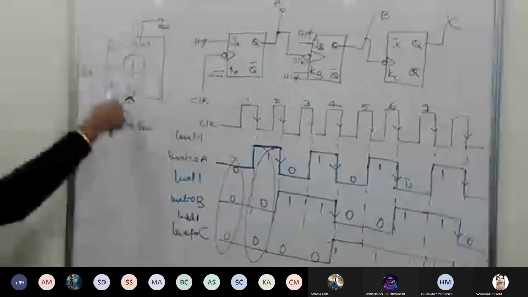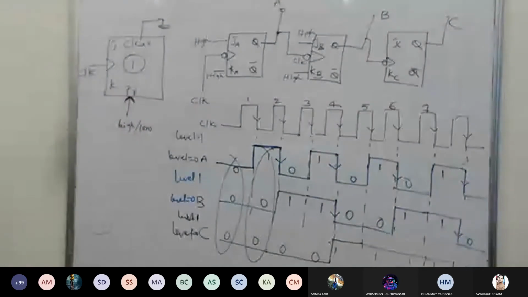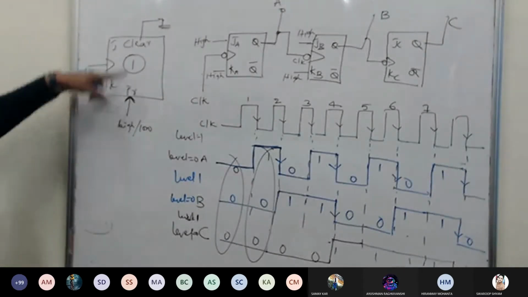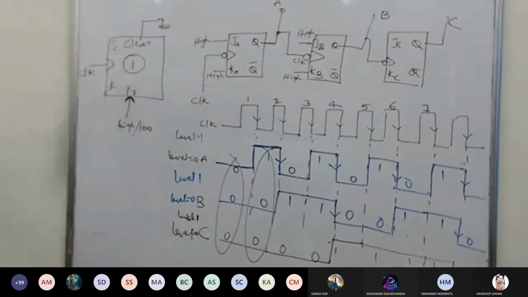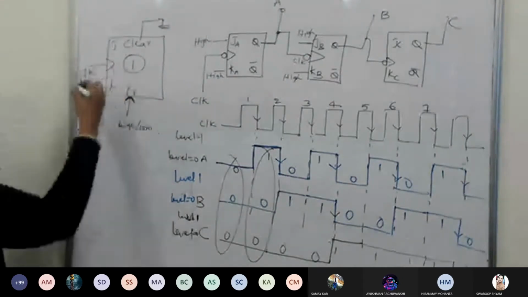Inside, these three are the major things: the clock, preset and clear. These three pins have to be properly utilized. Clock will run the show, till the preset and clear are constrained by the inputs.